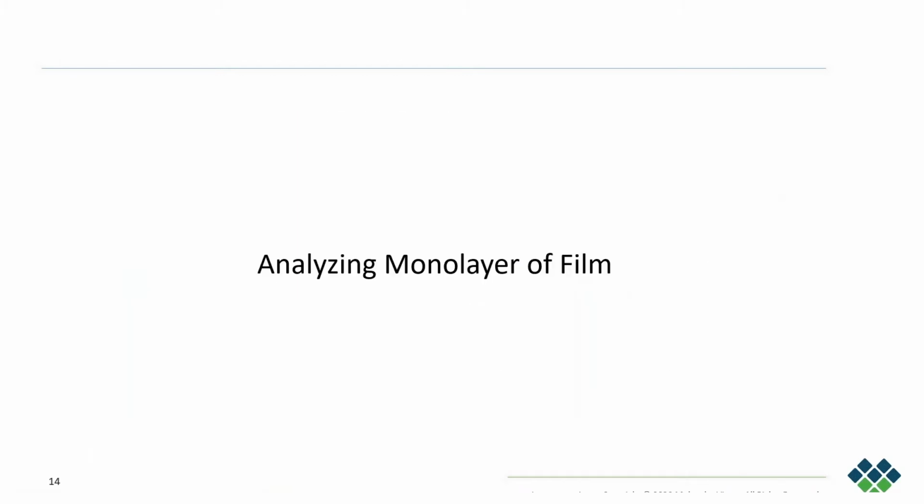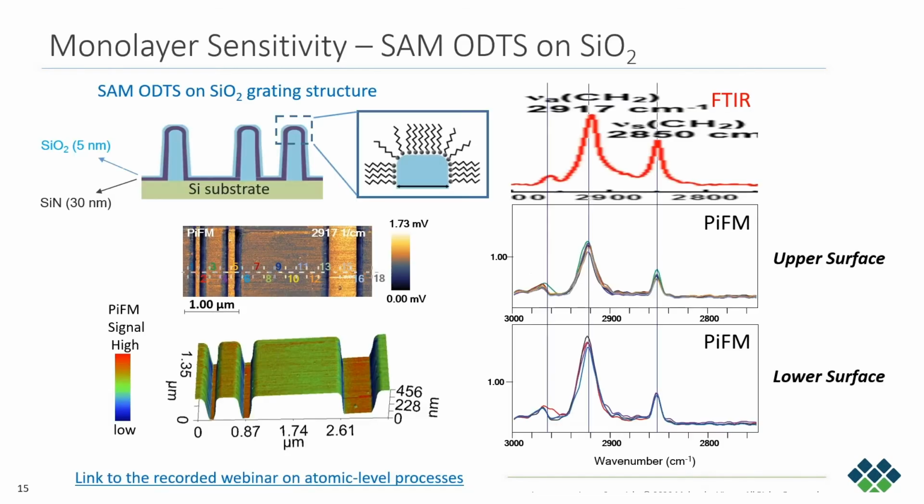Okay, the other is analyzing monolayer films. Monolayer films are used widely both in the semiconductor industry and in biomedical and perhaps other manufacturing environments as well, so we wanted to show that application.